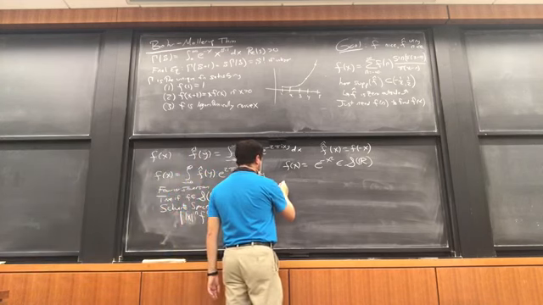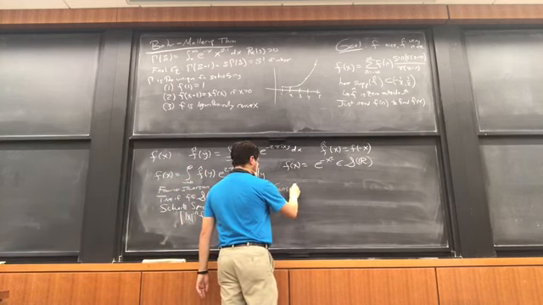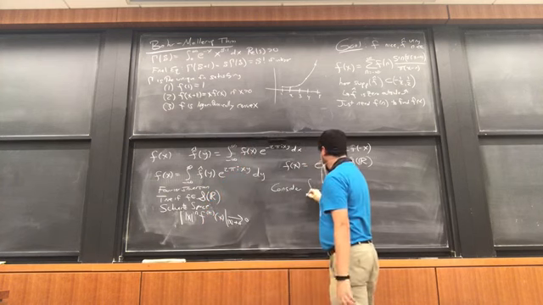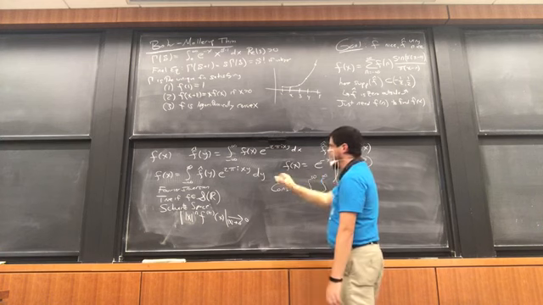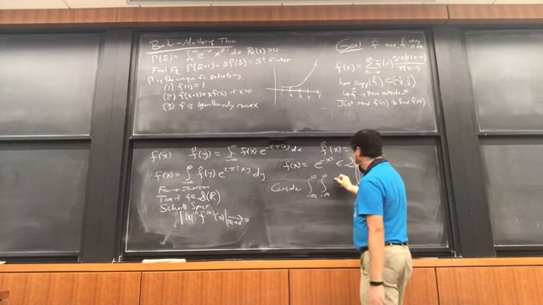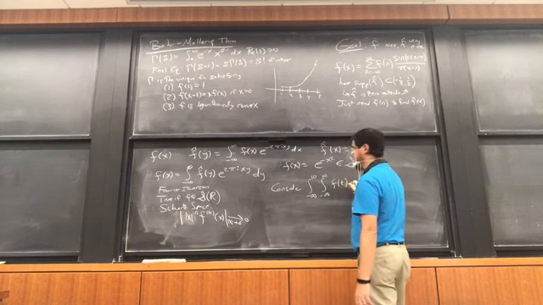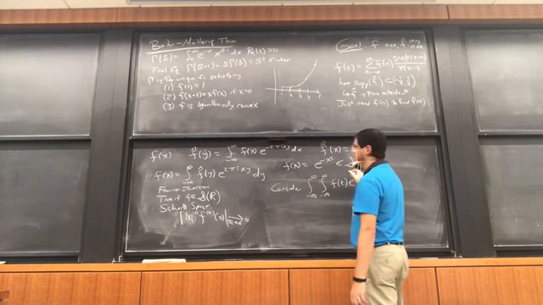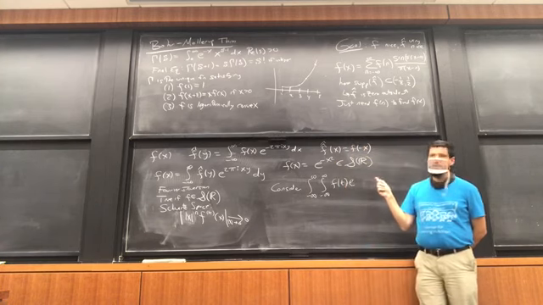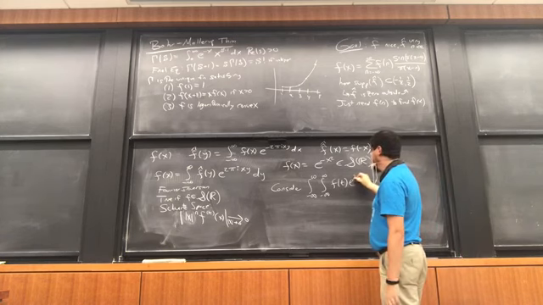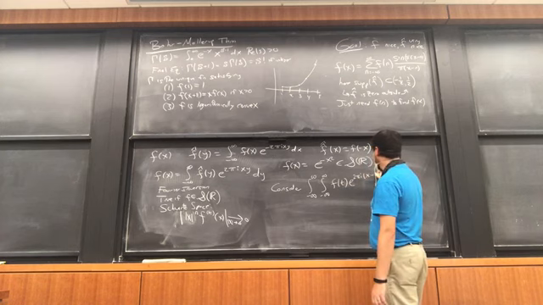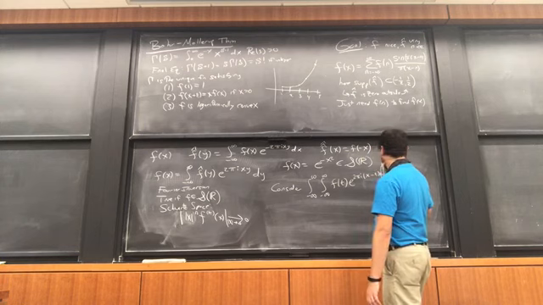So let's consider the integral from minus infinity to infinity, the integral from minus infinity to infinity of f hat of y, I'll use t as the dummy variable, will be f of t, e to the negative 2 pi i t y, e to the 2 pi i x y, so it should be e to the 2 pi i (x minus t) y, dt dy.